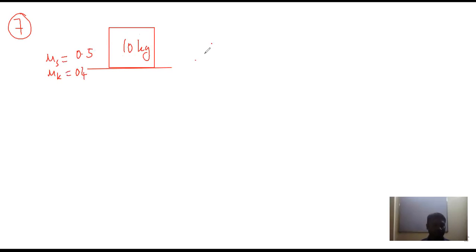In this case, we have to find the acceleration of a 10 kg block kept on a horizontal surface. The values of mu s and mu k are given to us: mu s is 0.5, mu k is 0.4. We have to find the acceleration of the block if an applied force of 30 Newton acts on it. Let us first find the maximum value of static friction and kinetic friction.